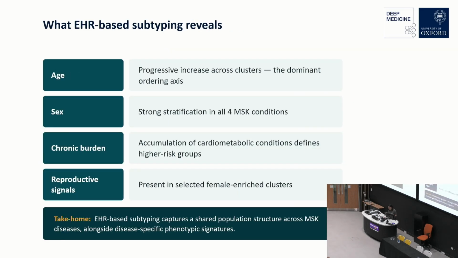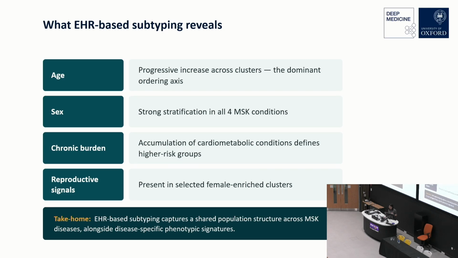So in summary, this is what EHR-based subtyping reveals based on our model. Age is very important. The progression increases across the clusters from cluster 1 to cluster 5. The MSK diseases have a strong stratification in all 4 MSK conditions, for instance cluster 1 as I mentioned, and cluster 2, which is mostly male.